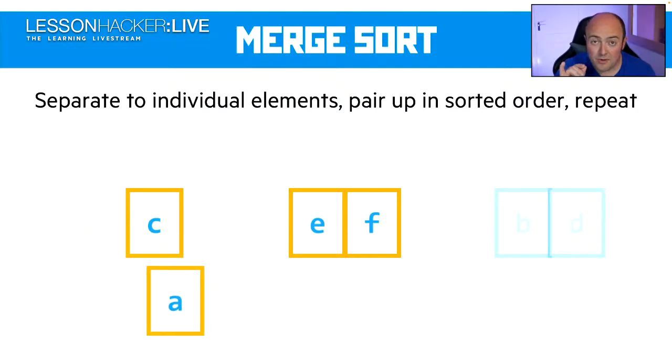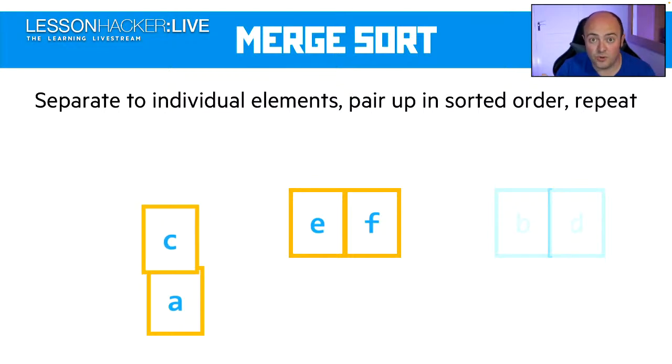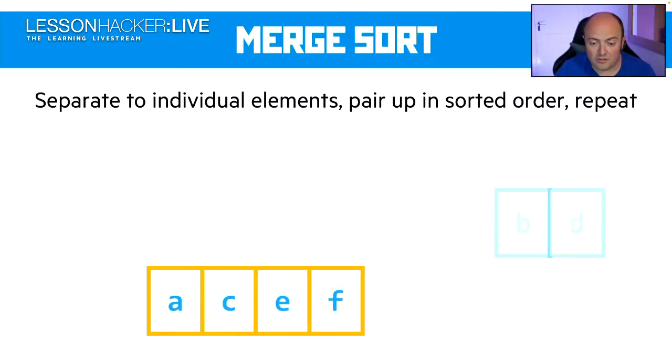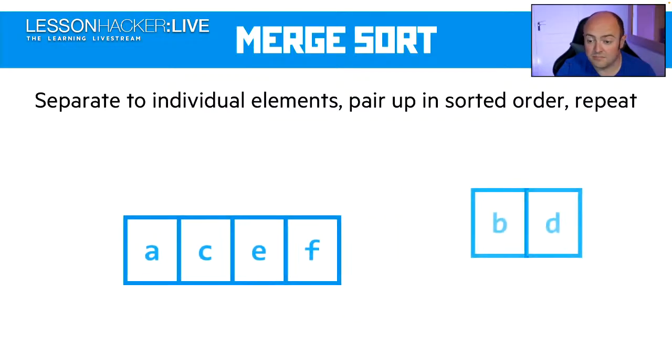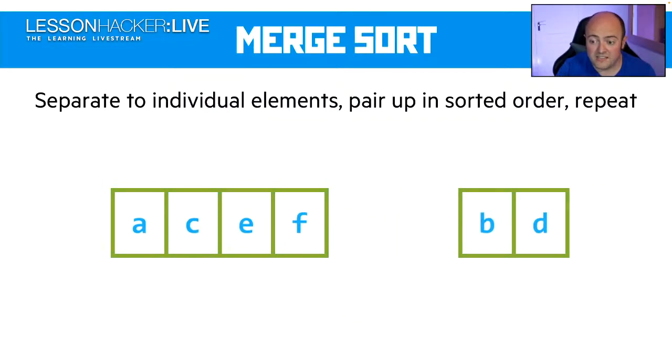Then we're looking at the leftmost value of both sides. So now we're comparing C and E. C is smaller, so C will come down. And then I can bring down E and F. And I've now got a sorted set. Pair up these sorted sets and do the same thing. And remember, I'm always looking at the left and right hand side.